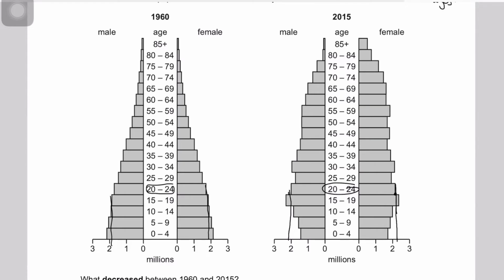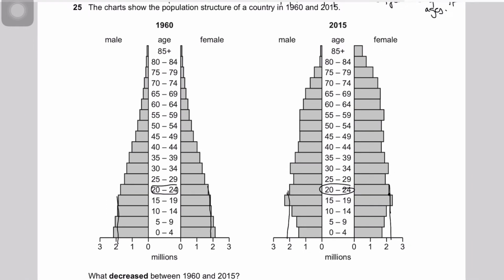So on an overall level, if I clearly analyze and compare the size of these boxes or rectangles that are representing the size of the population in millions, clearly the size of these boxes is rising.